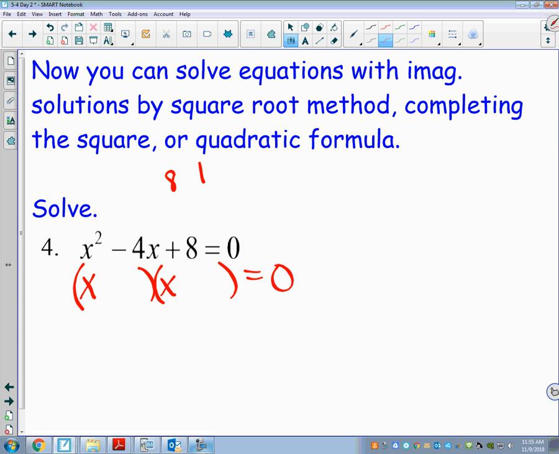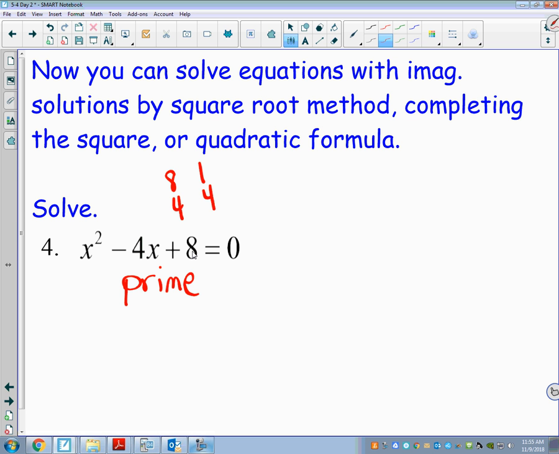What's 8 and 1? 2 and 4, and 4 and 2. Nothing else multiplies, right? So up to this point, we would have said that this is prime, right? Well, what this means now is that we can solve them that have imaginary solutions.